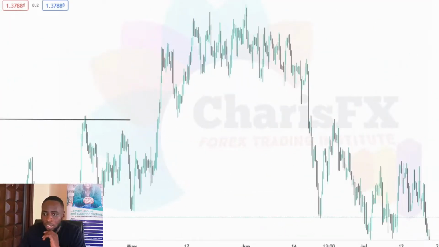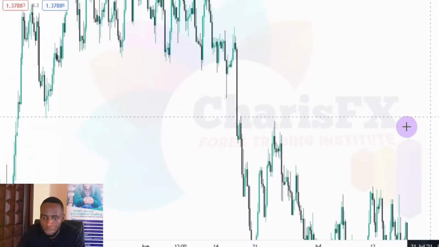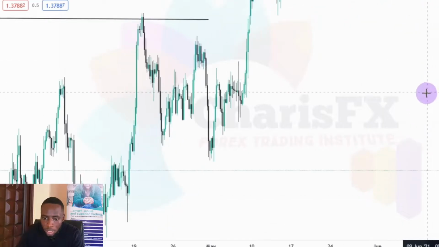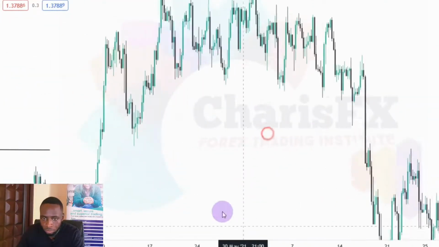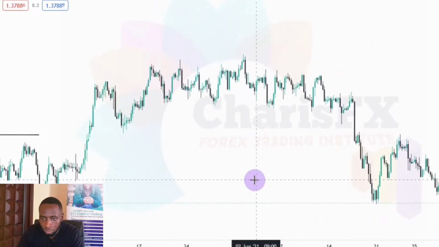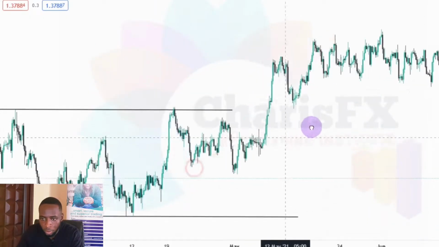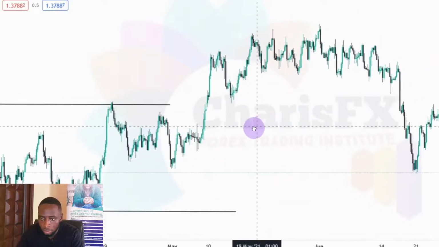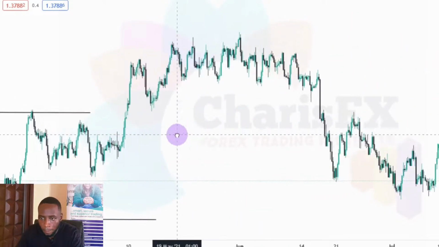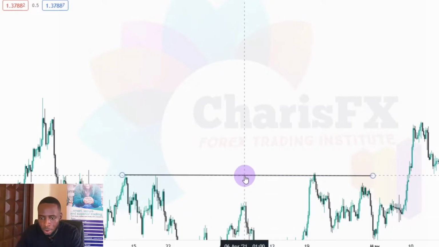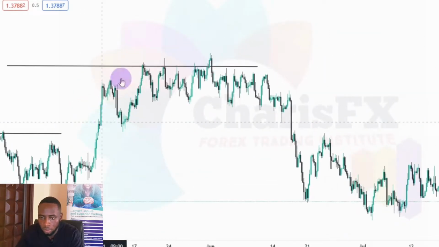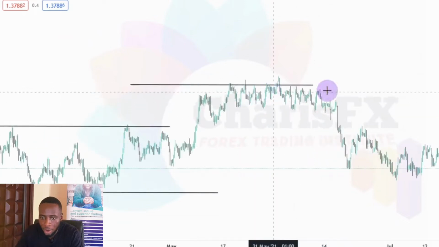Let's move forward and still look for areas where we can see possible support and possible resistance. Okay, moving forward is an area of consolidation.